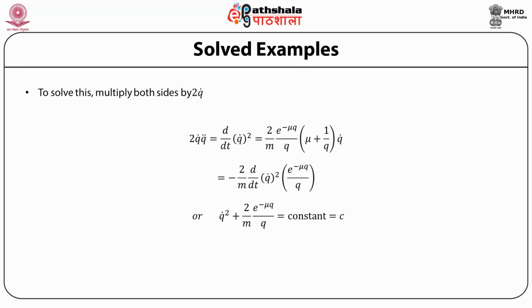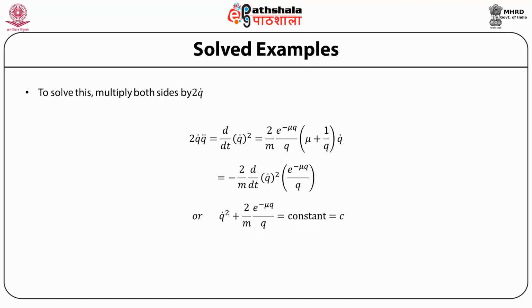Now, in order to solve this equation, let us multiply this equation by 2 q dot on both sides. On the left hand side, we have 2 q dot q double dot, which is the total time derivative of q dot square.